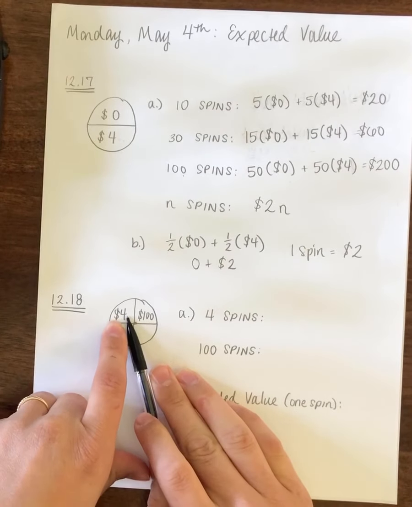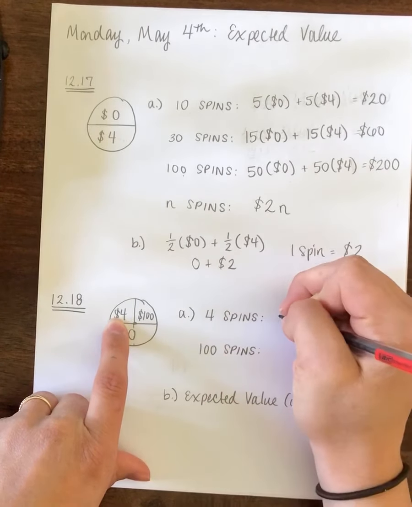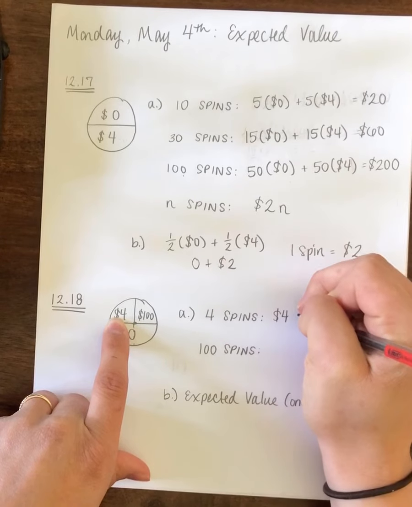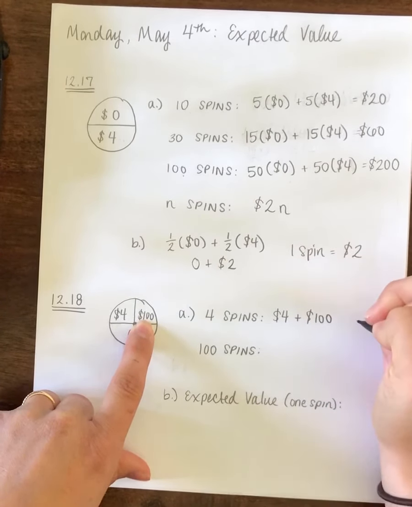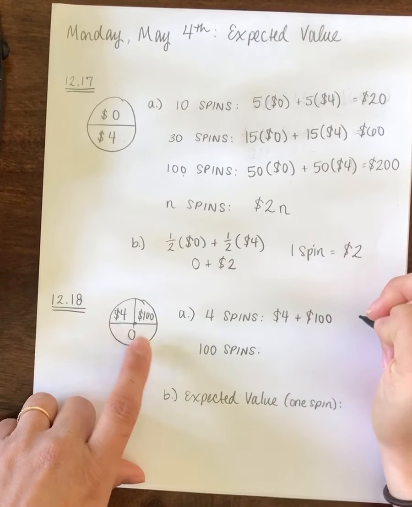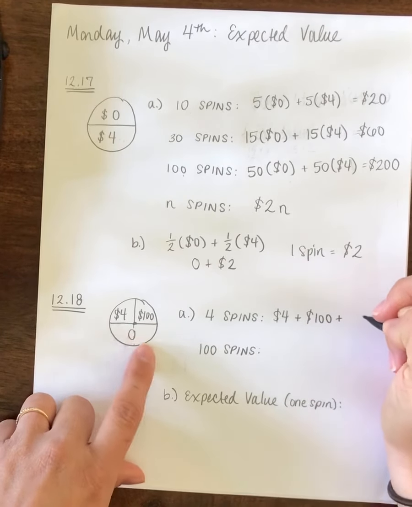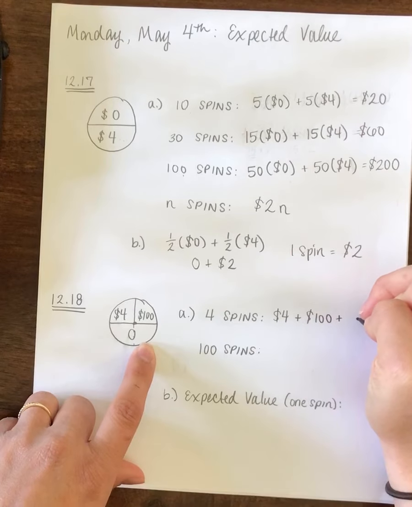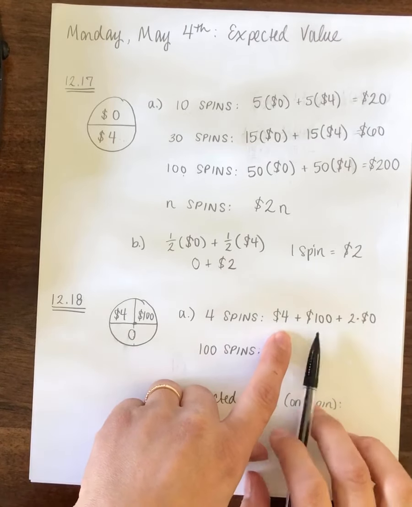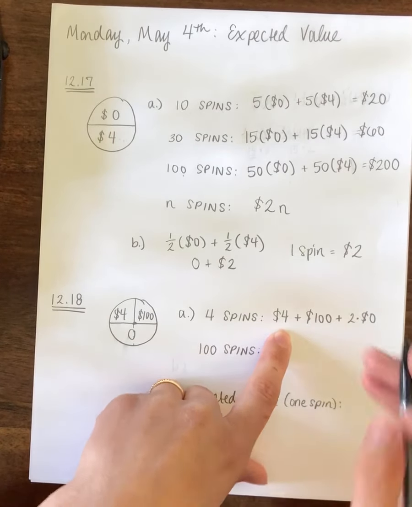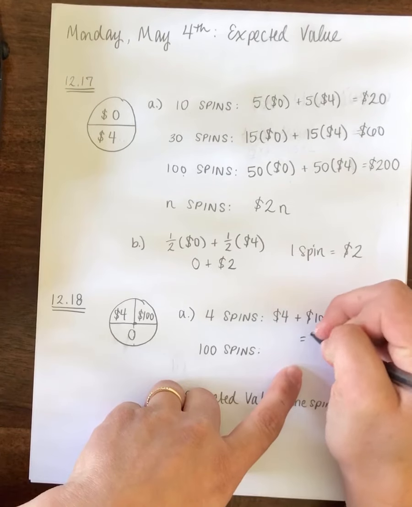One spin, you'd get $4. One spin, you might land on the $100. Another spin, because this is broken into 2 quarters, you're expected to land here twice, so that would be 2 times getting $0. So for 4 spins, I'm expected to win $104.